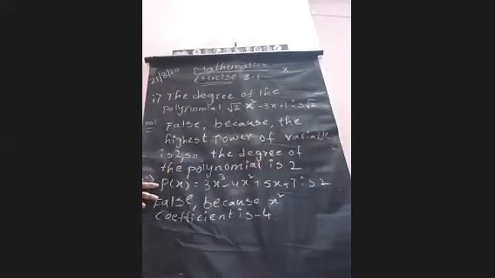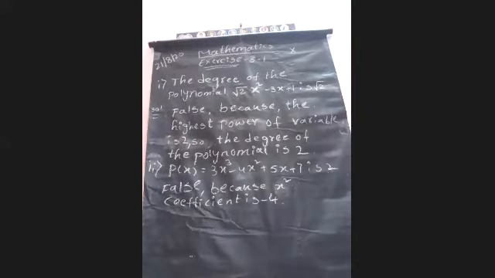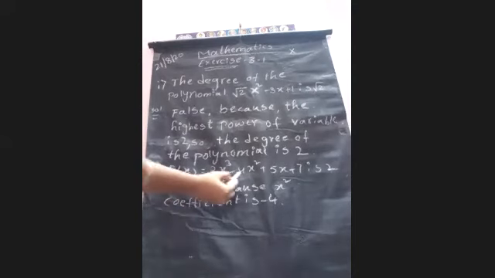So what did they ask in the second question? In the second question, they asked the coefficient of x square in the polynomial. What coefficient of x square did they give in the question?